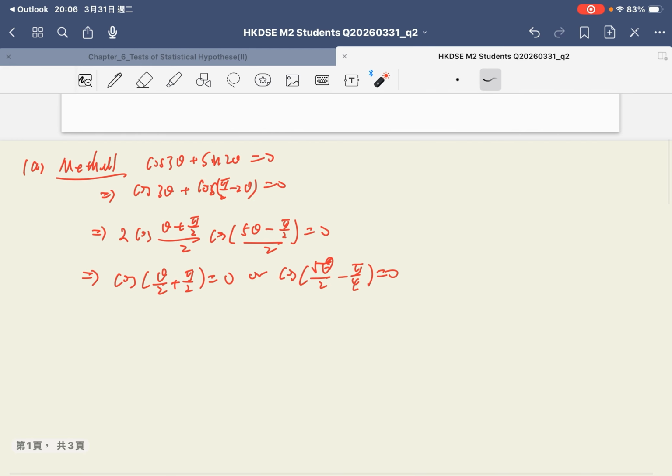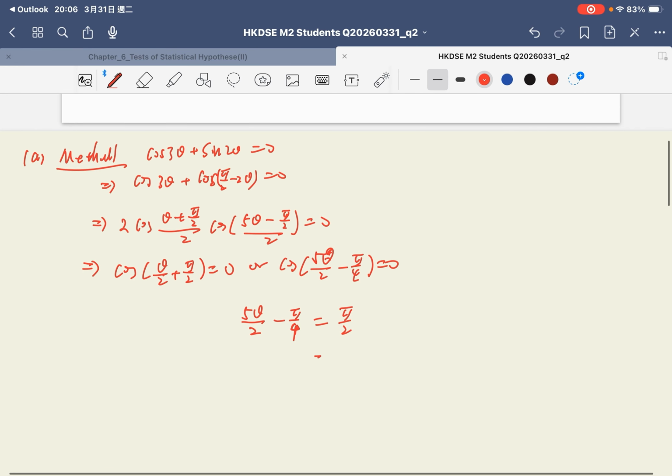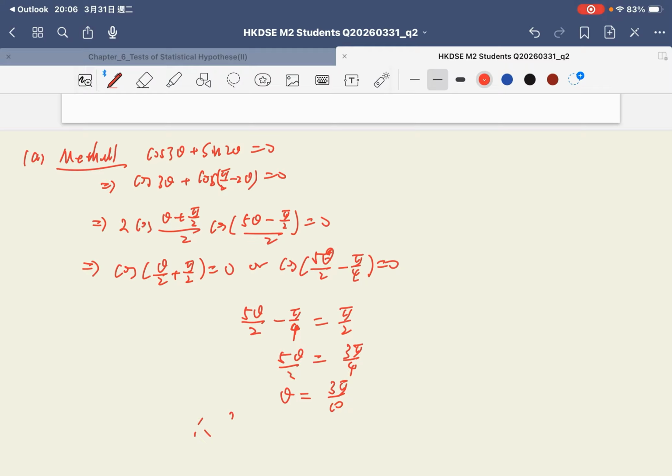I observe that 3π over 10 is inside here, so I put 5θ minus π over 2 equal to π over 2 only. Then changing the position, 1 over 2 plus 1 over 4 gives 3π over 4, and then θ is 3π over 10. Therefore, 3π over 10 is a root.